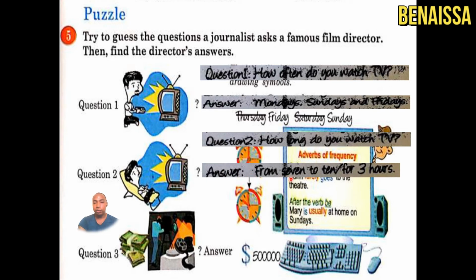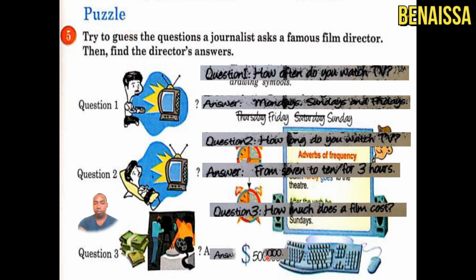The answer is from 7 to 10 hours, or 4 hours, or 3 hours. Next one, question 3: how much does a film cost? How much? Answer: for example, $500,000.